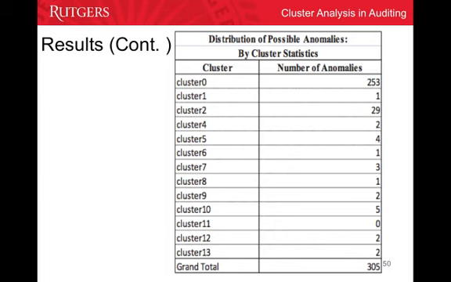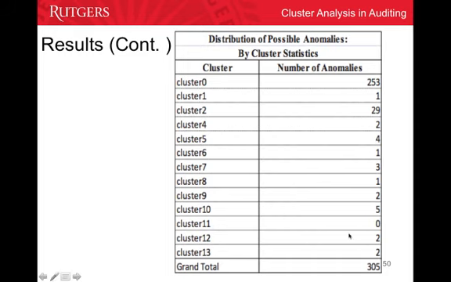While in the fourth method, the mean and standard deviation of the wire transfer amount of each cluster are calculated. The wire transfers which have an amount above and below 2 standard deviations of the cluster mean are identified as possible anomalies. The results are shown here.